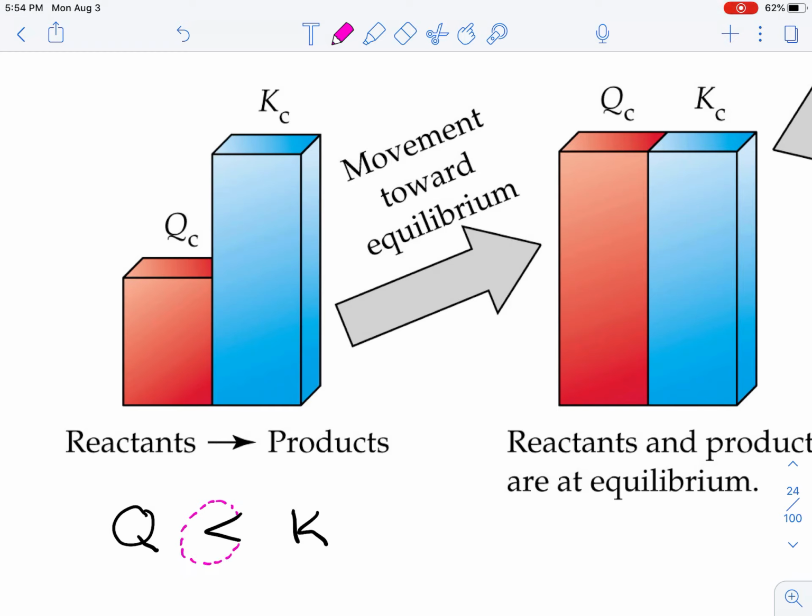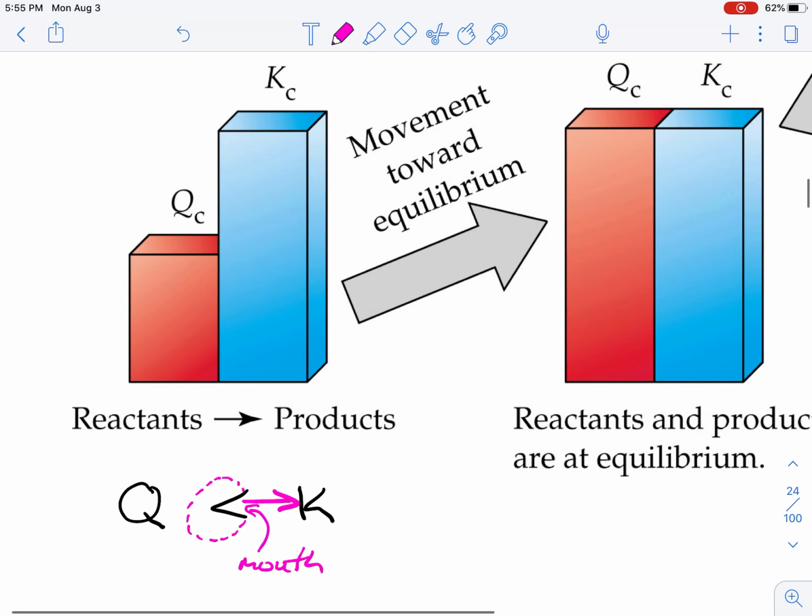Remember, I don't know if you guys have played Pac-Man, but feel free to watch a video if you want. Basically, the direction that the Pac-Man will move is in the same direction that the mouth points. So if the mouth is pointing in this direction, then that's basically where the reaction will progress.